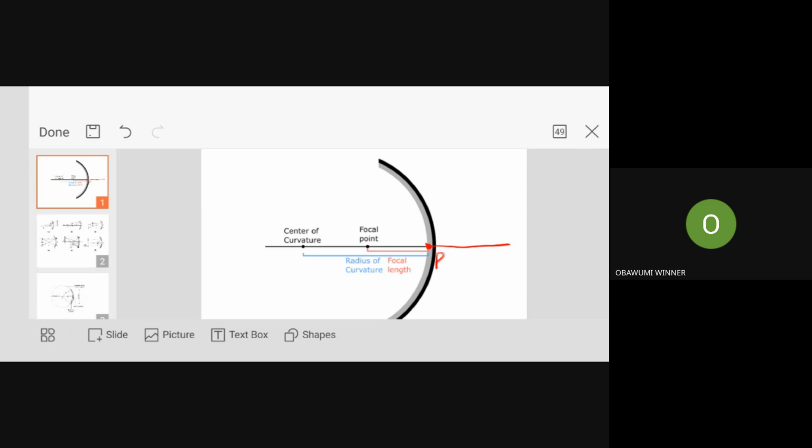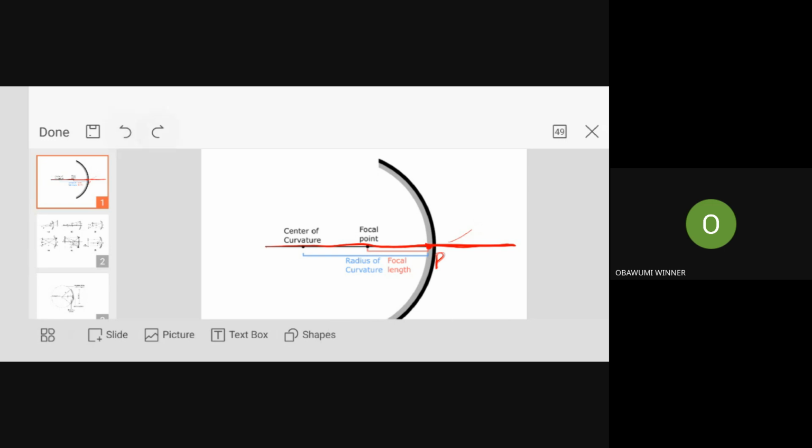All right. Now, the next thing you have to know is the principal axis. The principal axis is this line I drew here, all the way from here. It cuts through the center of curvature, it cuts in between the pole, and then it runs this way outward. That line is called the principal axis. So if you're asked to explain the principal axis, simply put that the principal axis is an imaginary horizontal line that passes through the center of curvature, passes through the focal points, and then runs through like that.